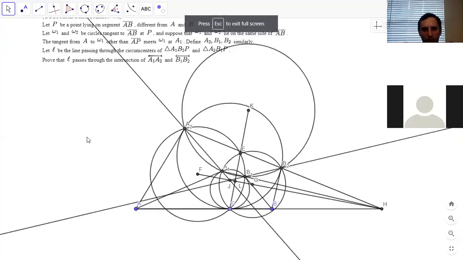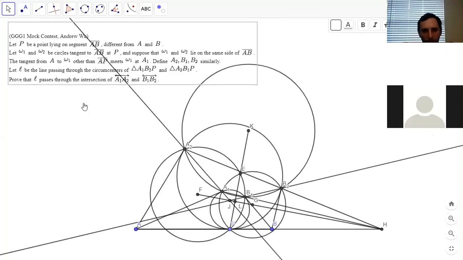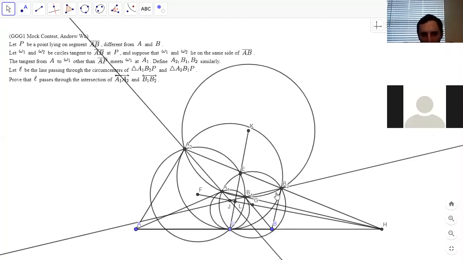Okay, so I will prove that KB2 is tangent to the circle PA1B2. Okay, we use angle chase. So we need angle KB2A1 is equal to A1PB2.